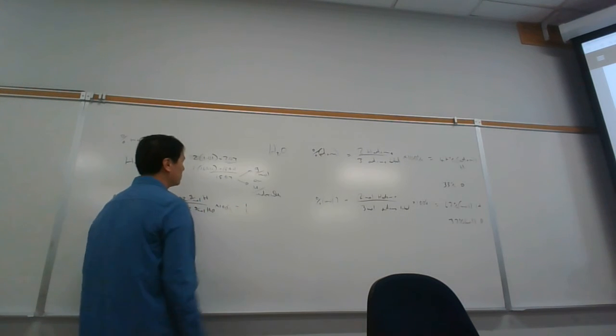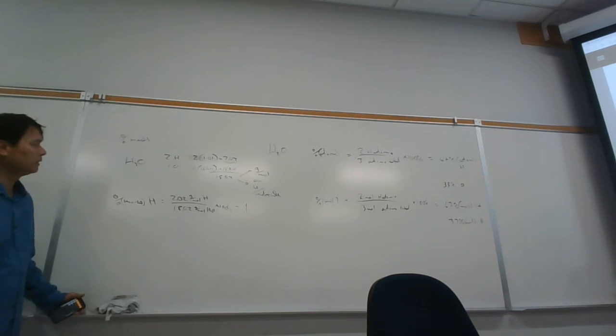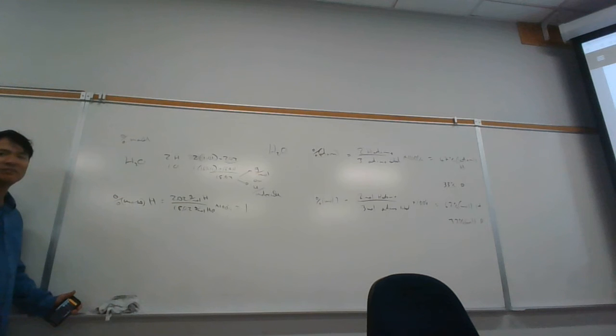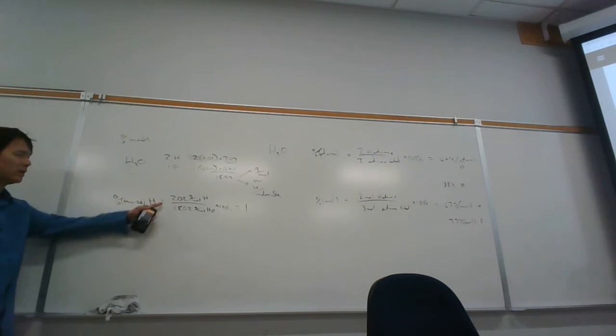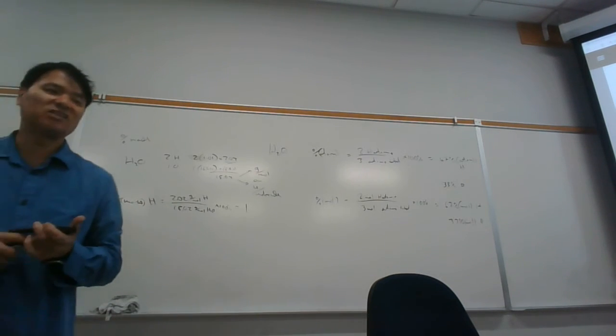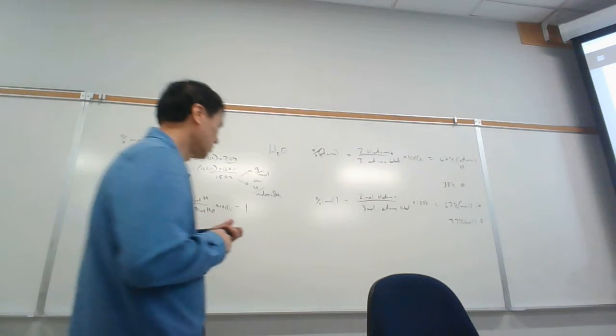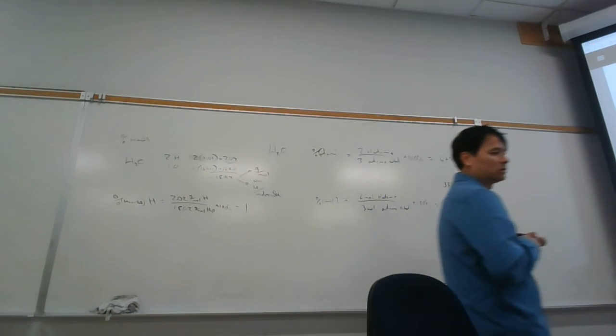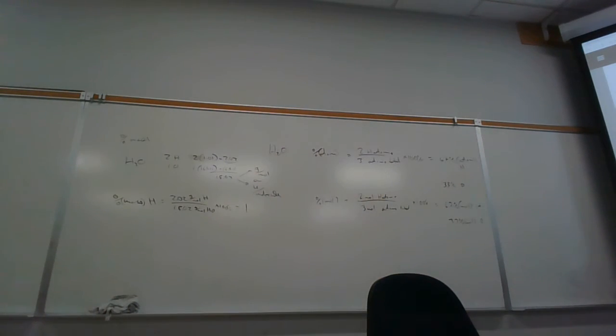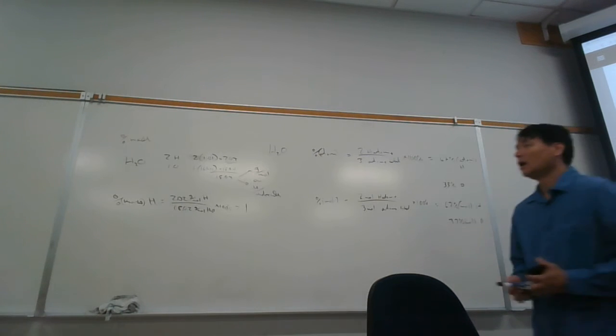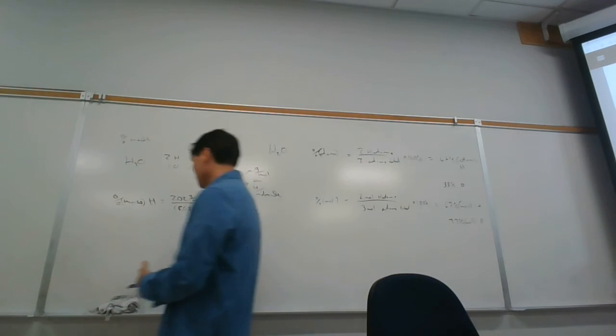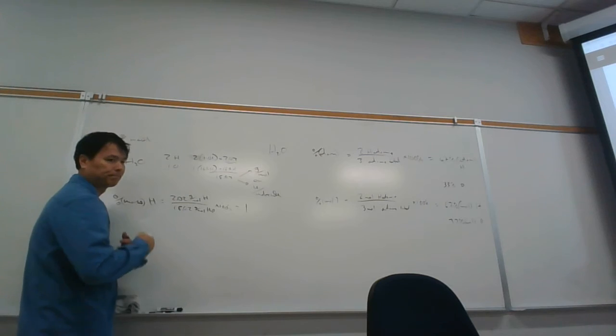How many sig figs? Now, if I look at this, I'm only going to get 3 sig figs. Actually, I don't want 3. I want 4 sig figs. How can I get 4 sig figs? I shouldn't have used 1.01 here.